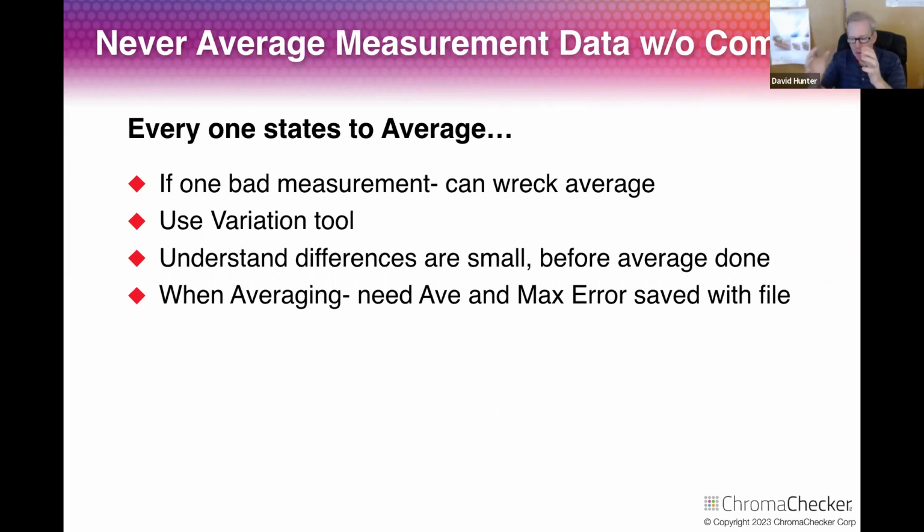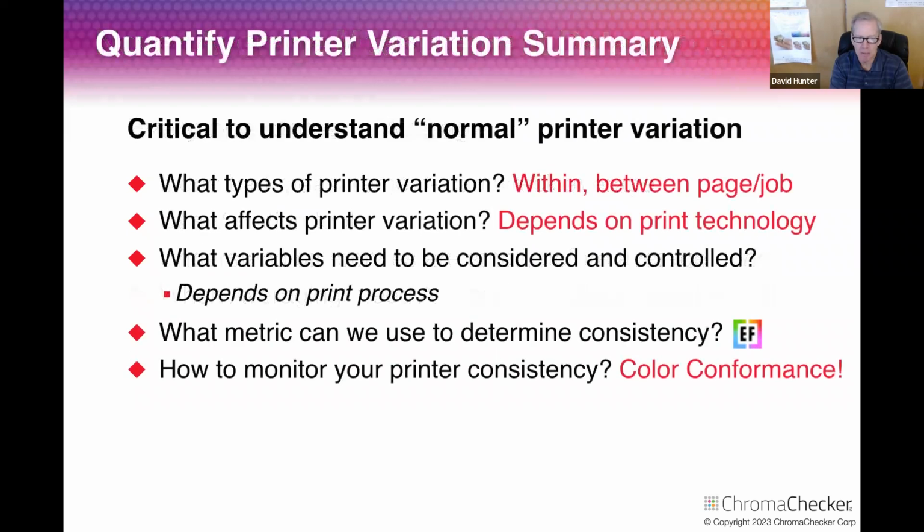Because if I was, let's say, trying to average the data of this Ritz box, and I accidentally measured a place that has a vignette on it, by measuring that vignette and averaging it with the true brand color, my whole brand value is going to be thrown off. It's going to be wrecked. So don't blindly average data. You want to look at your data. You want to compare what the differences are, see what your delta E is, and if that's acceptable, then average the data. Don't blindly average. That's a mistake too many people make.